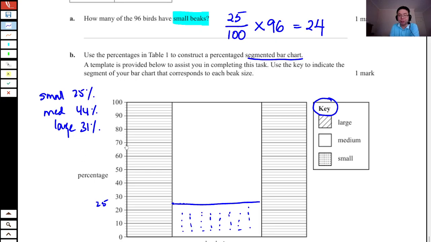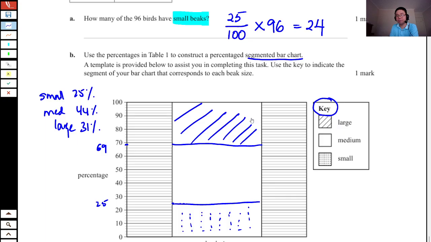That will take me up to 69. Draw another line. And I don't need to shade this one in because there is no pattern provided in the key. The remaining 31% will have the diagonal lines.